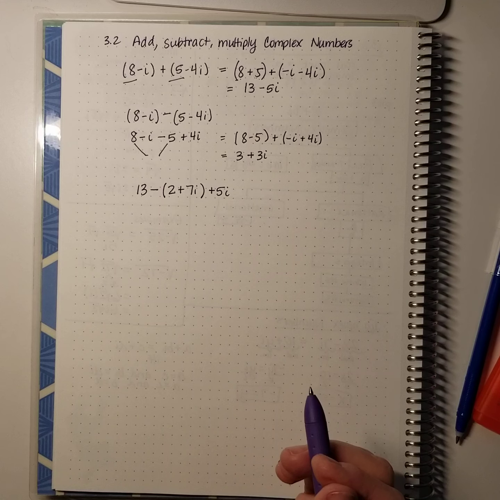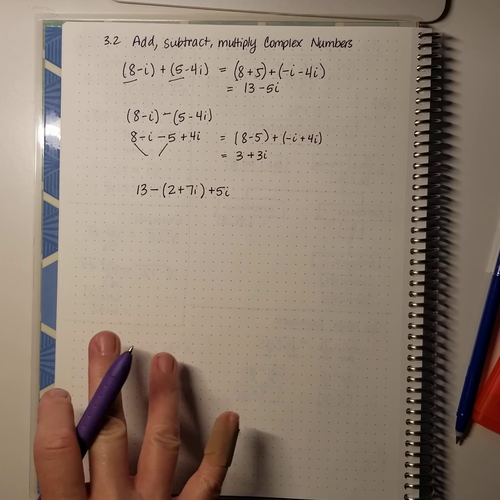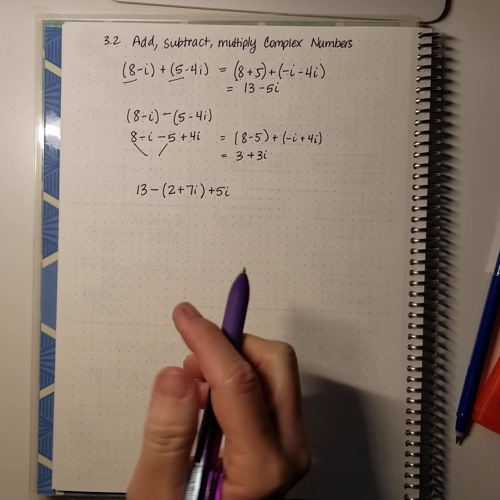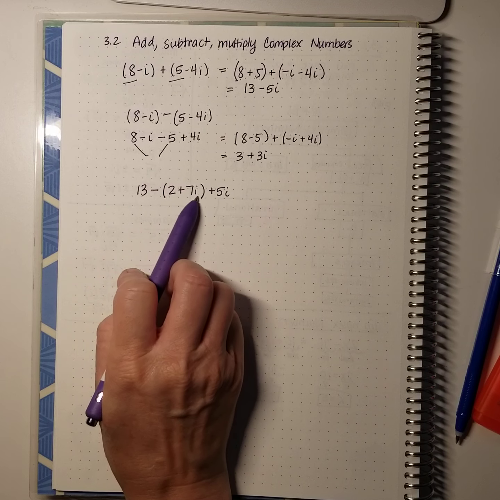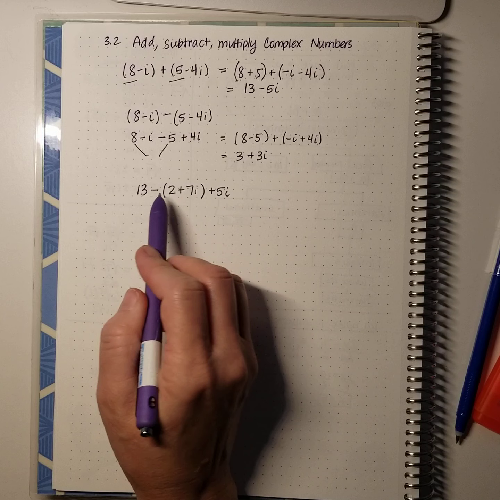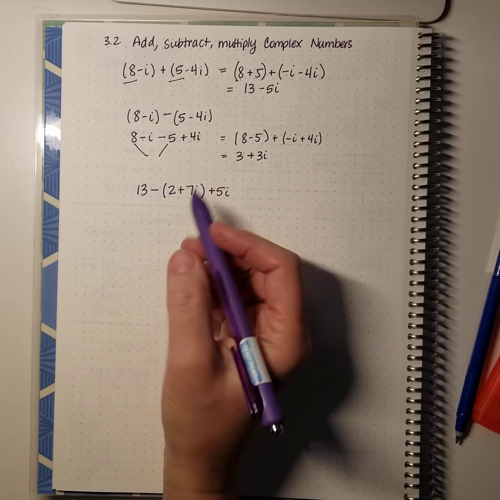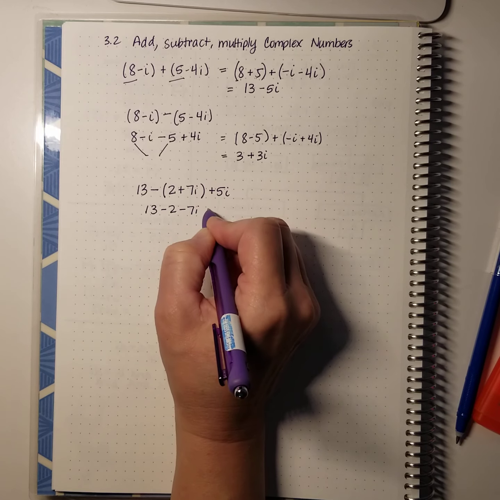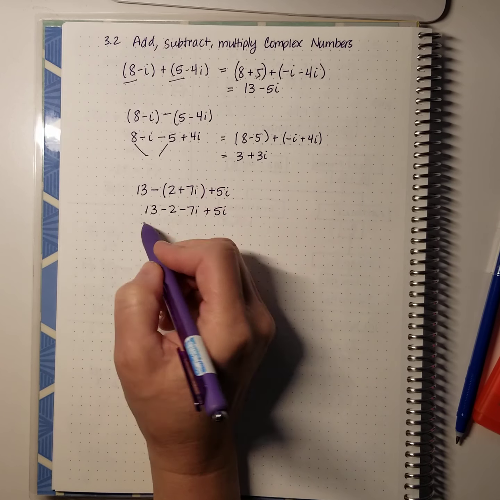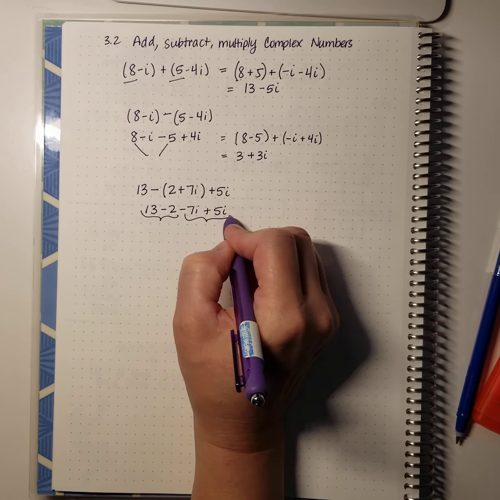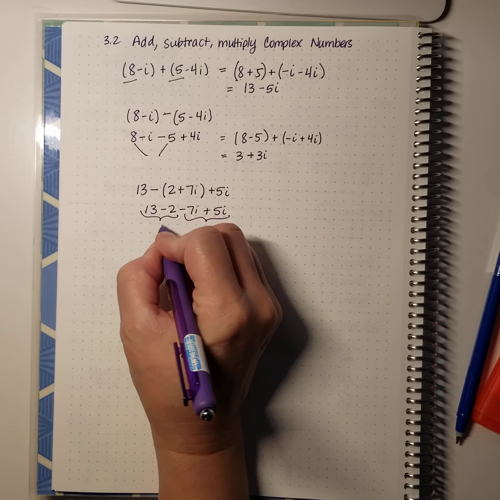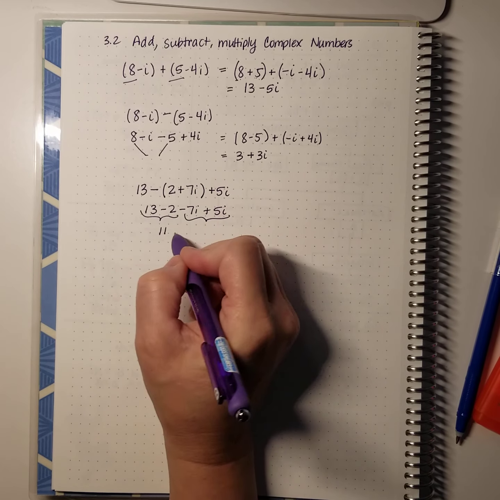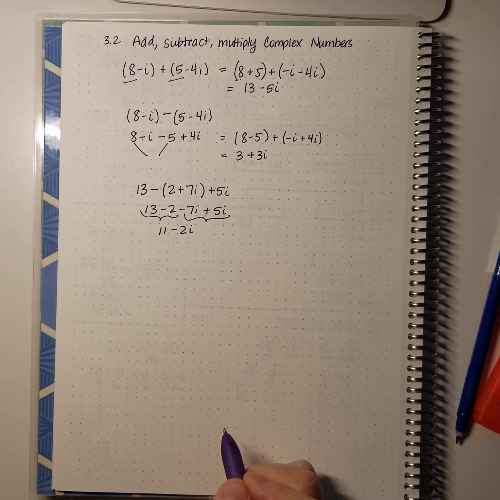Sure, it's addition and subtraction, and the commutative and associative properties work just the same. But we'll just keep it in the order that it's in. We'll go ahead and distribute our negative sign here, 13 minus 2 minus 7i plus 5i. Then we'll combine our real parts and our imaginary parts, and we'll have 11 minus 2i. And that's our final answer there.